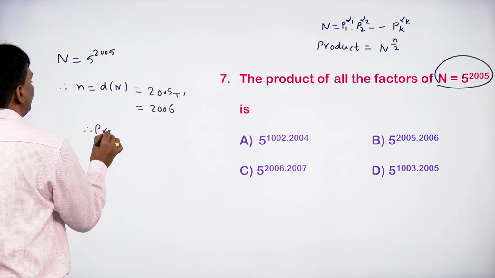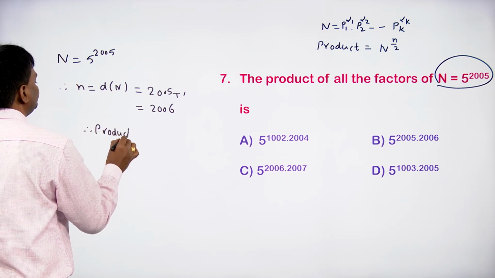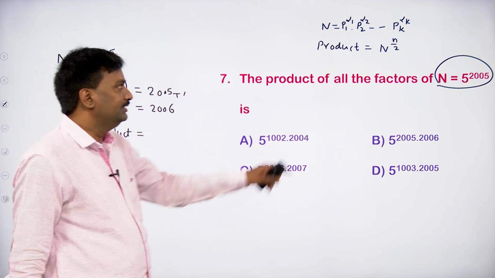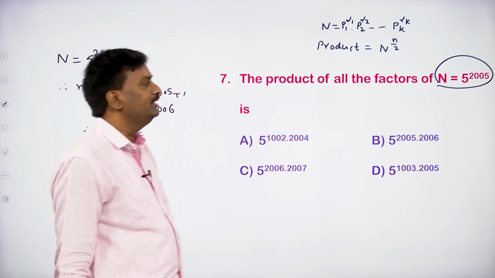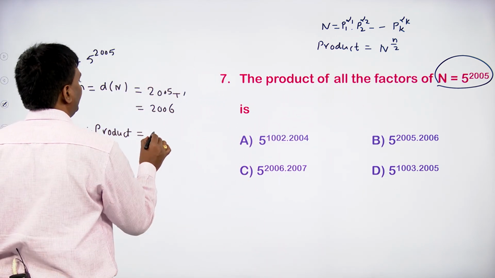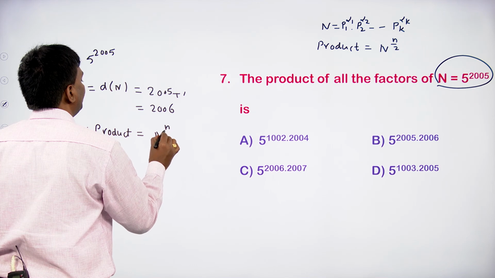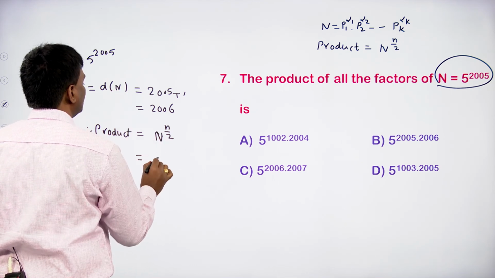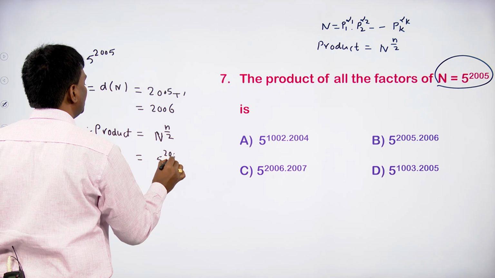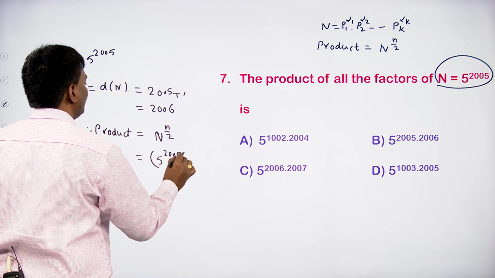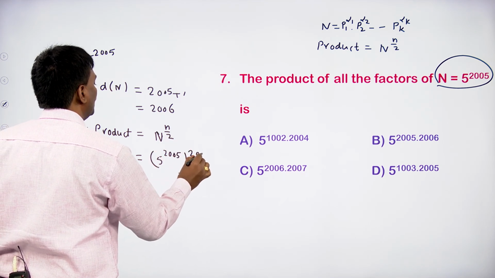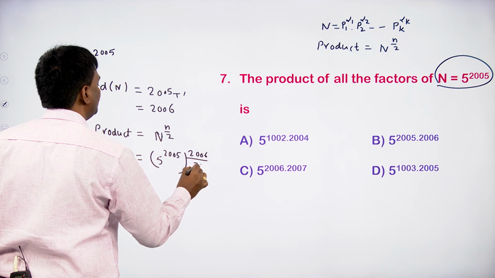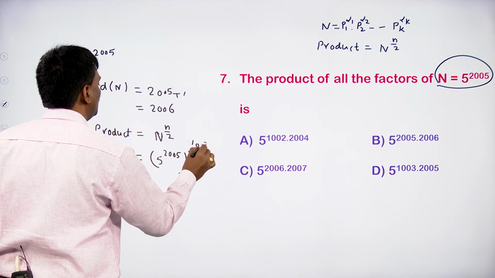So the product of all divisors of n, where N is nothing but the given number 5 power 2005, the formula is N power n by 2. That is 5 power 2005 to the power 2006 by 2. 2006 by 2 is 1003.